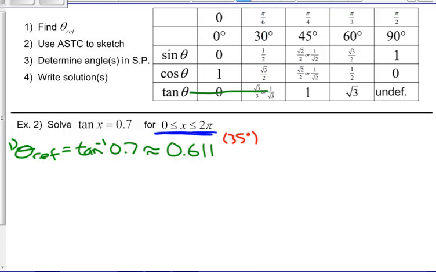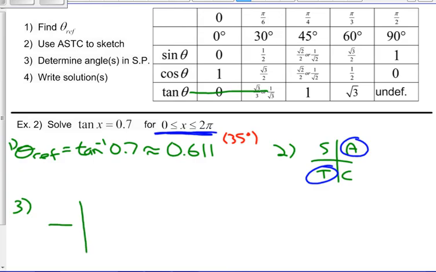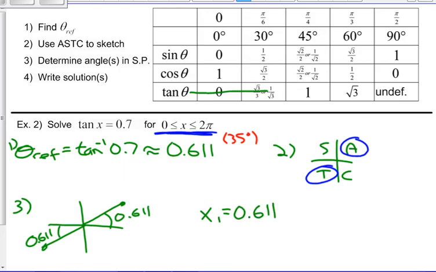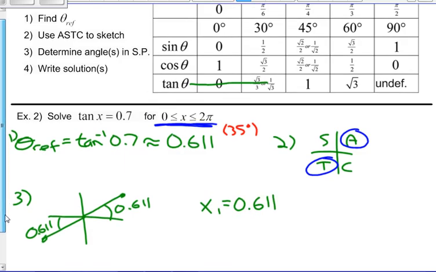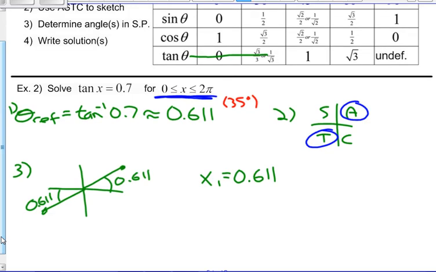Now, let's figure out what quadrants we're in. ASTC. Tangent is positive in quadrants 1 and 3. Let's go and sketch. Okay, so this is an angle of 0.611. And this is an angle of 0.611. The first one's easy to know what it is in standard position. It's 0.611. So 0.611 radians.